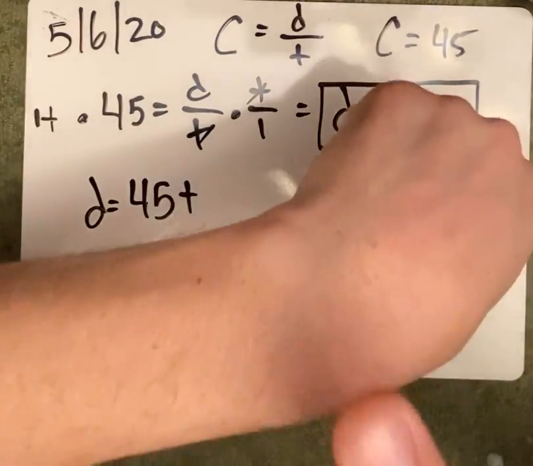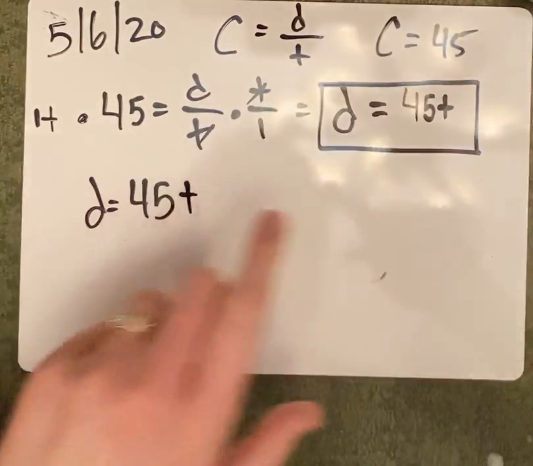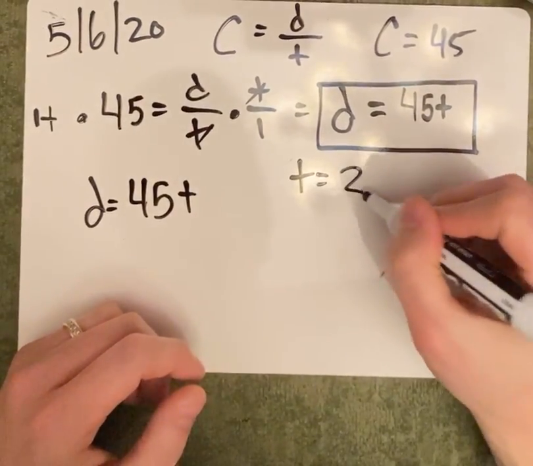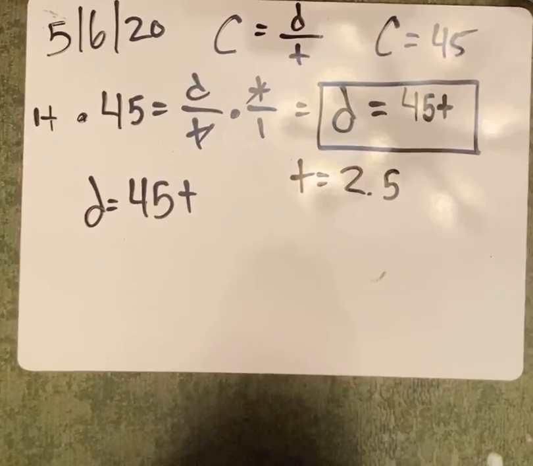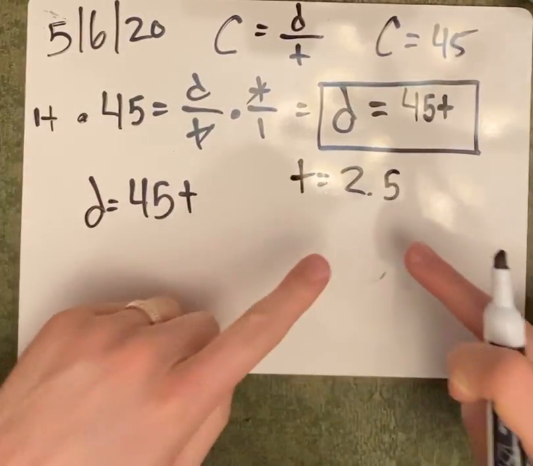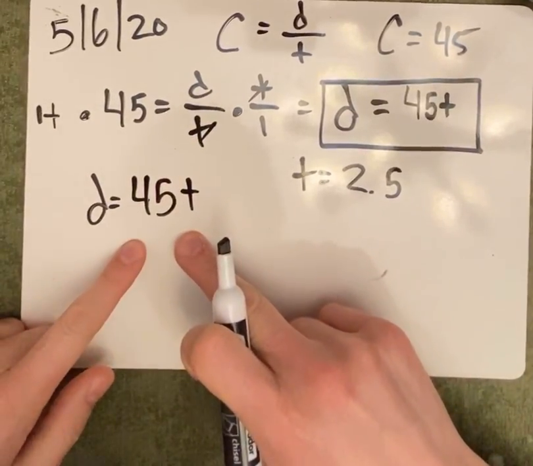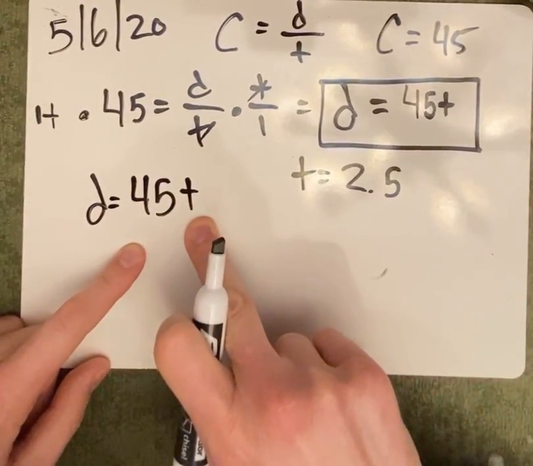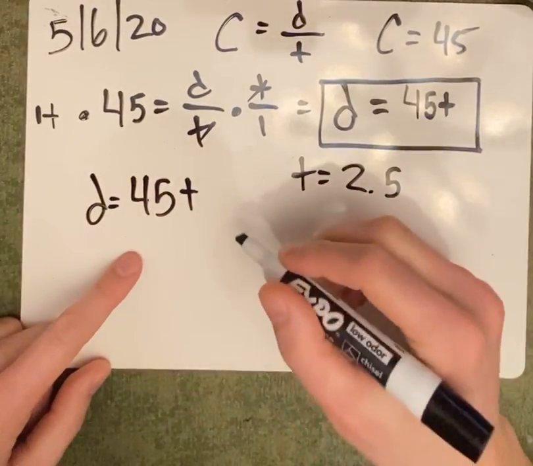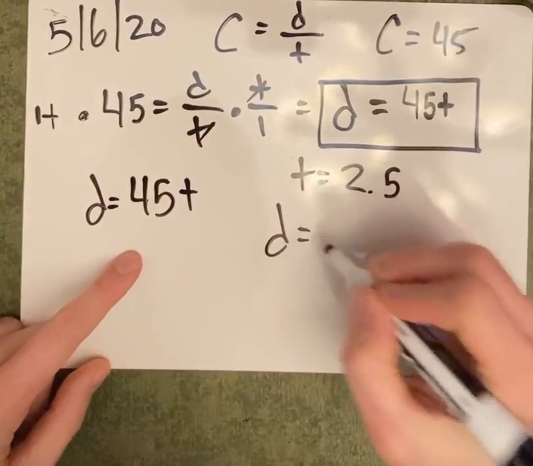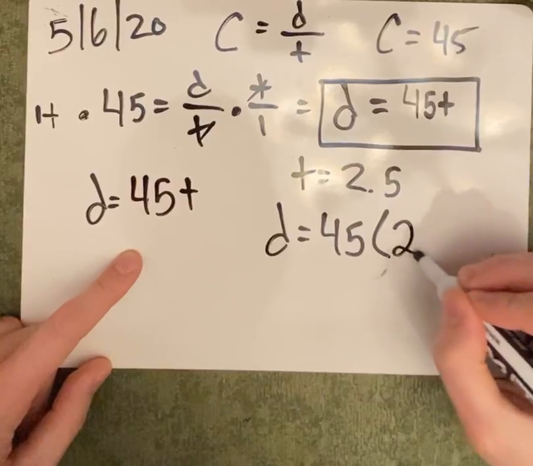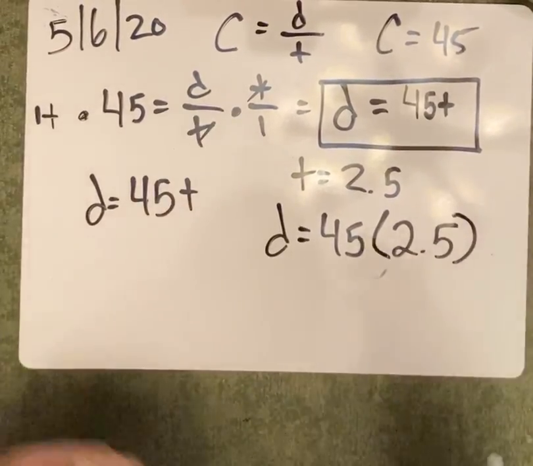So what does hours stand for? It stands for time. So this is telling me T equals 2.5. Now that we got this, we can solve. All you have to do is plug in the 2.5 for the T. So we're left with D equals 45 times 2.5.